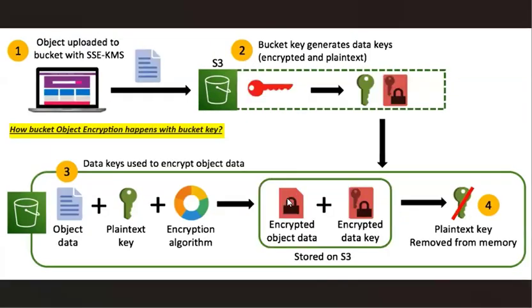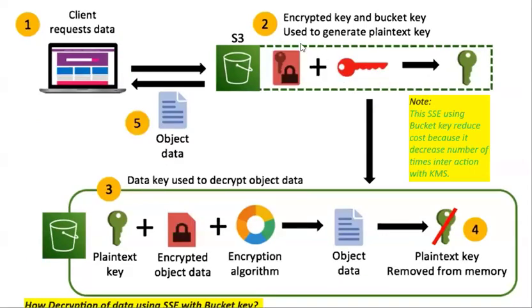How is the object stored? The object is stored in this format: encrypted object data associated with the encrypted data key. By using this encrypted data key, the bucket key we have will generate the plain text data key.